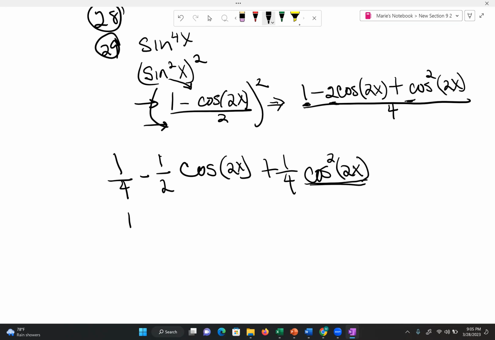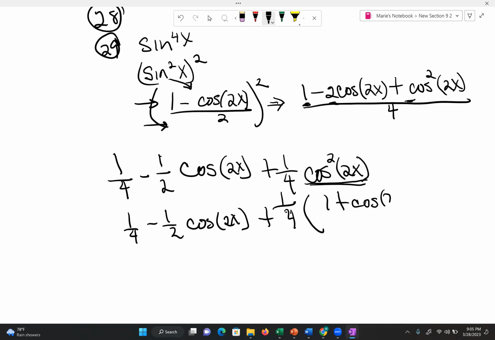So I'm going to re-express this with 1/4 minus 1/2 cosine of 2x plus 1/4. Let me do it this way: 1/4, and I'm going to do parentheses. Remember, we're replacing this to reduce the power, which is 1 plus cosine of 2x over 2 again.